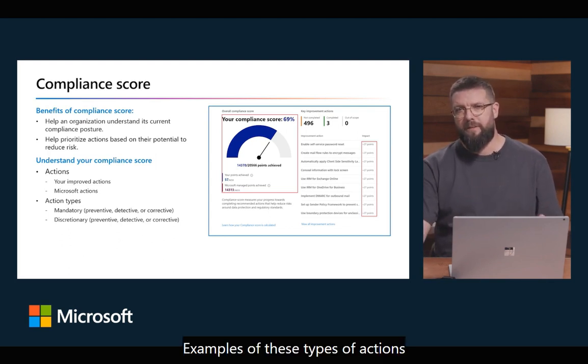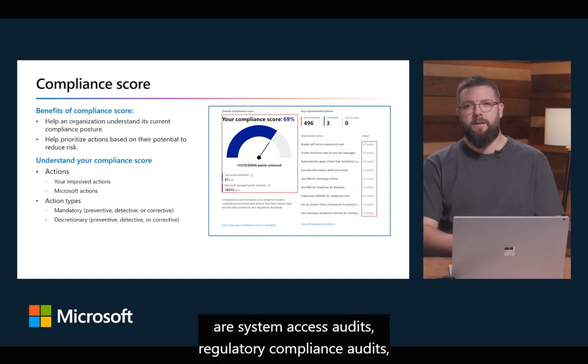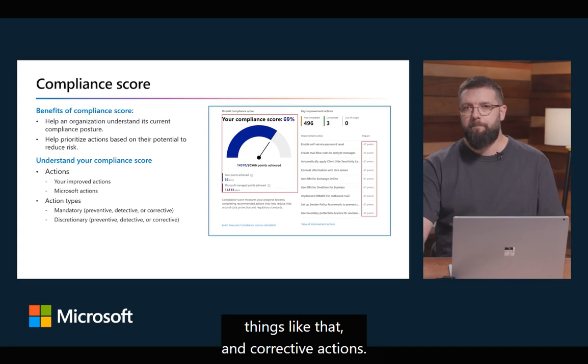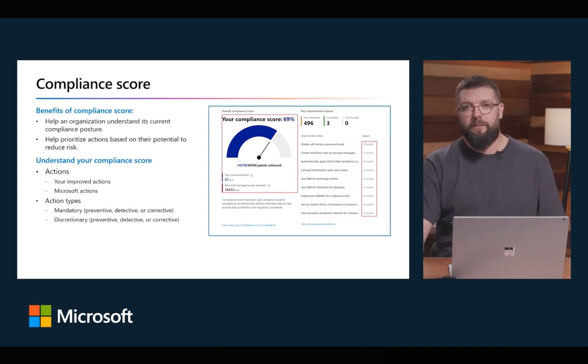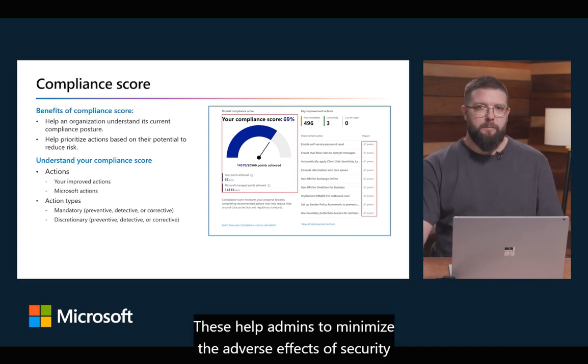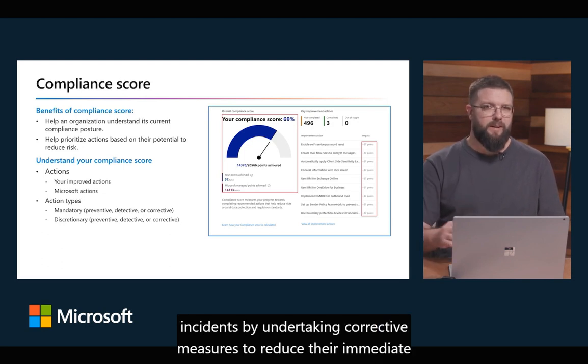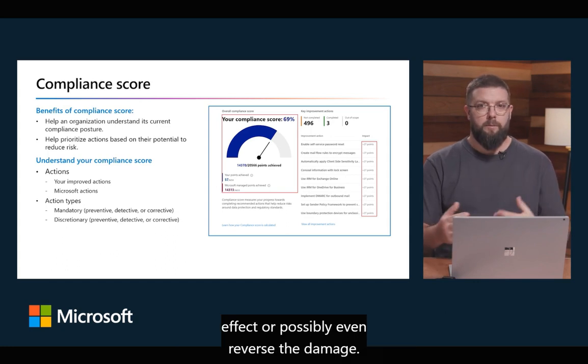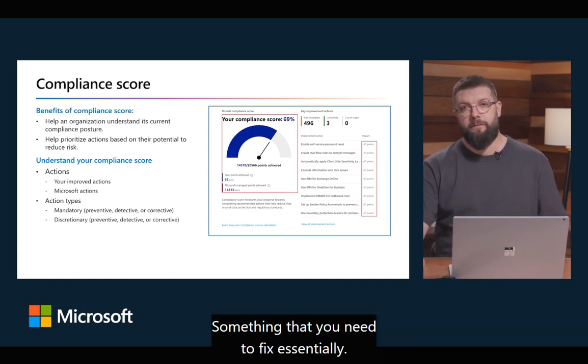So examples of these types of actions are system access audits, regulatory compliance audits, things like that. And corrective actions. So these help admins to minimize the adverse effects of security incidents by undertaking corrective measures to reduce their immediate effect or possibly even reverse the damage. So something that you need to fix, essentially.